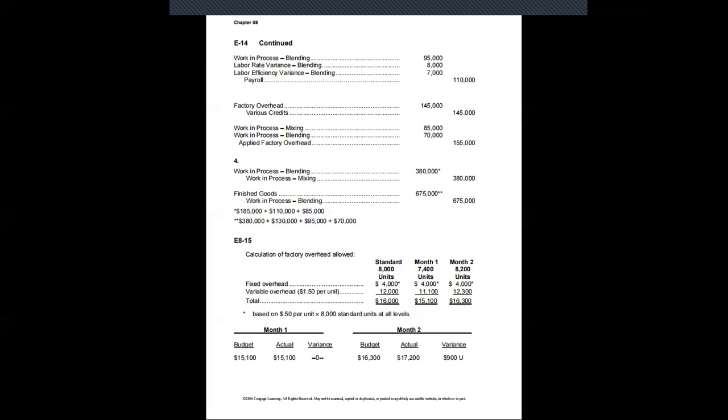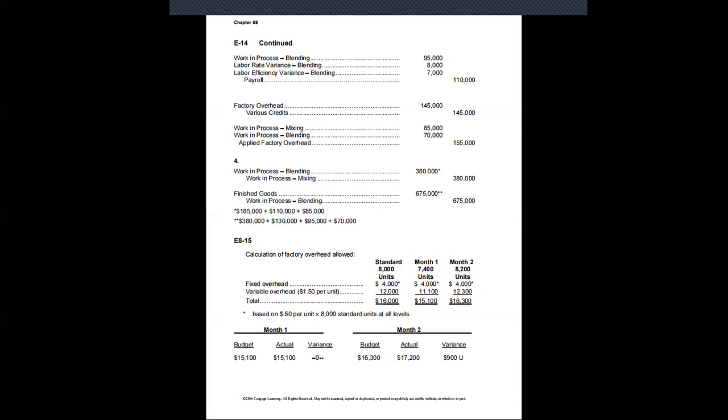So for problem 15, we now determine the factory overhead allowed: standard of 8,000 units, then month 1, 7,400 units, month 2, 8,200 units. The fixed overhead remains the same regardless of the production in units.